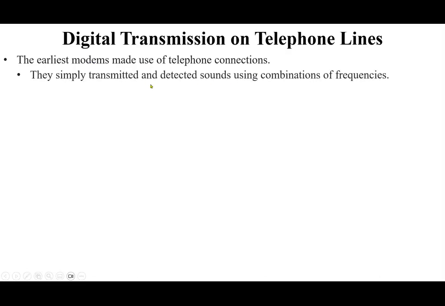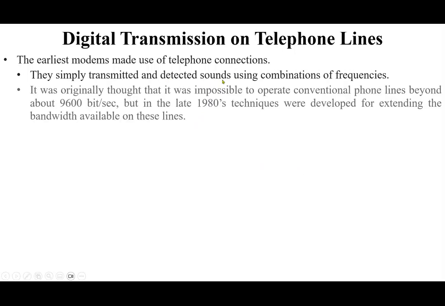The earliest modems used existing telephone connections. They transmit and detect sounds on the telephone line that are combinations of frequencies. It used to be thought that 9600 bits per second was the best that could be done with standard telephone lines.